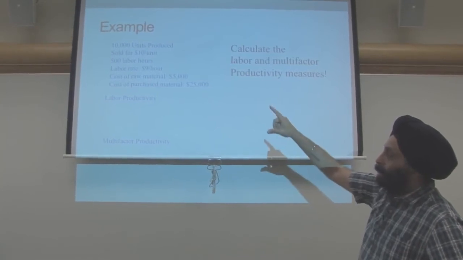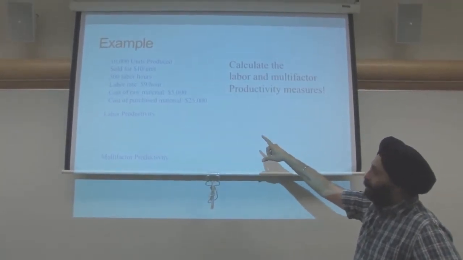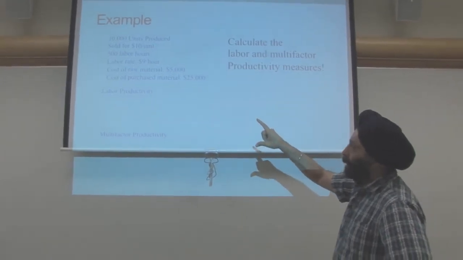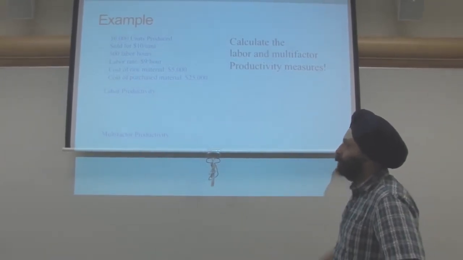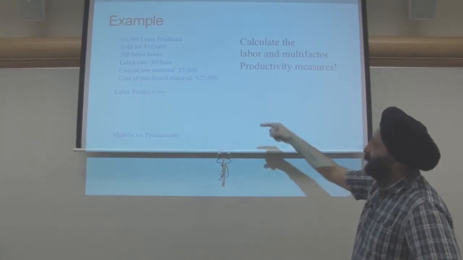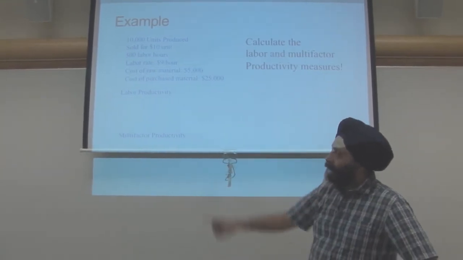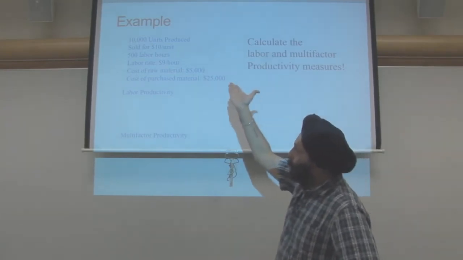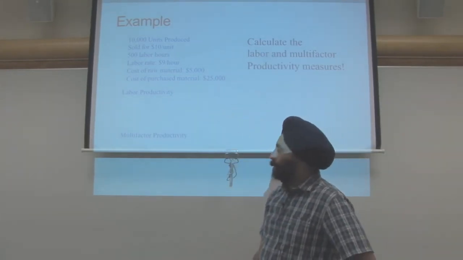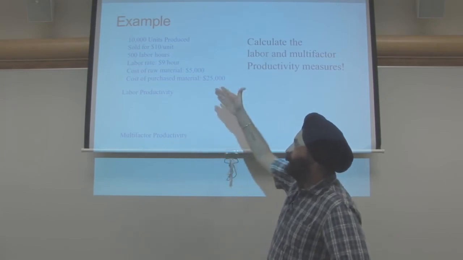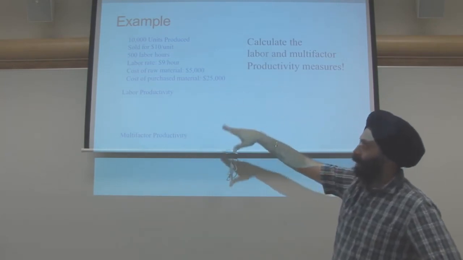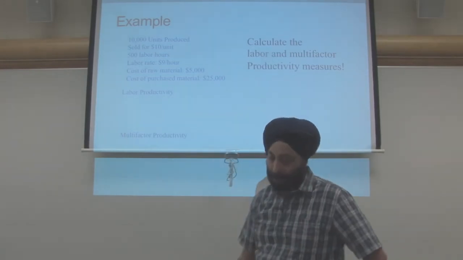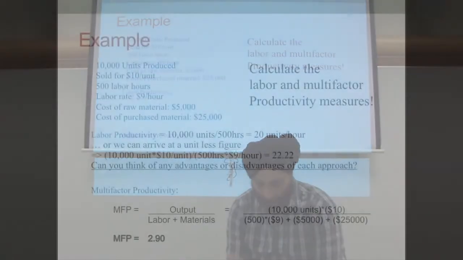The cost of raw material is $5,000, and the cost of purchased material is $25,000. Labor productivity can be calculated by taking output divided by labor input, and multi-factor productivity could be taking all the output divided by all the various inputs provided here.